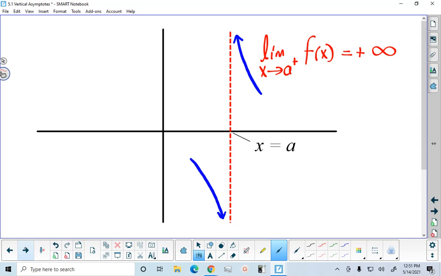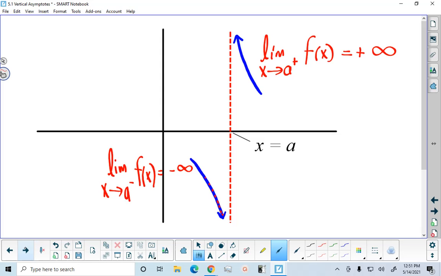And when you take a look at the left of this example, the limit as x approaches a from the left of the function, well, when you look at tracking this blue graph closer and closer and closer to a for an x value from the left, the graph takes off down to negative infinity. So this limit is negative infinity. And what we have said prior to today's lesson is that those limits don't exist, but now we're going to talk about them existing as something that means something to us, positive or negative infinity.